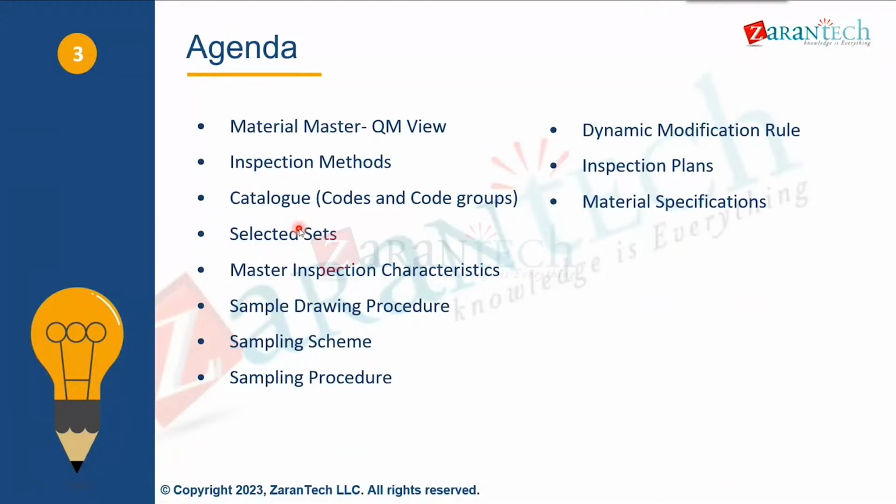Yes, class characteristics. Why do you need a class characteristic here? To transfer the result of the result recording from the MIC to the batch classes, batch characteristics, we need class characteristics. Okay. Yeah, good.